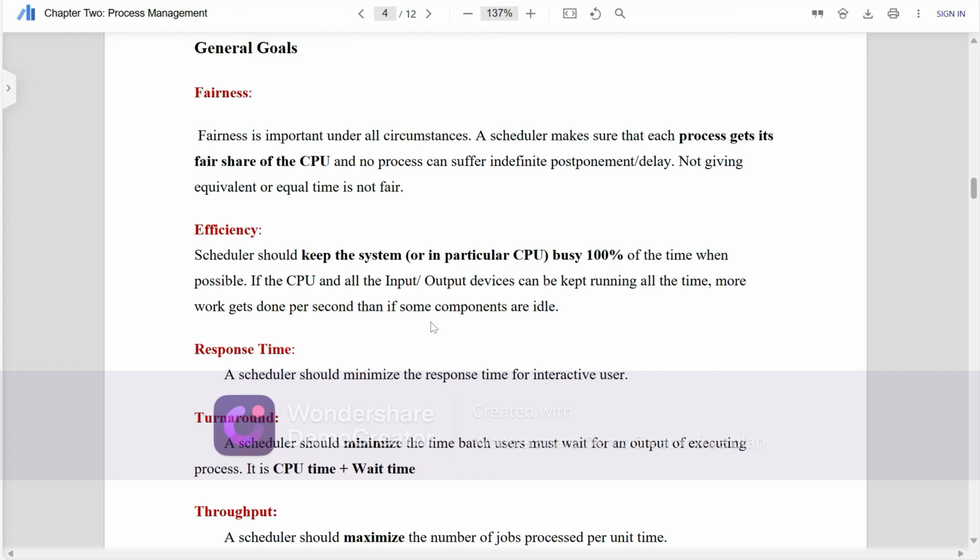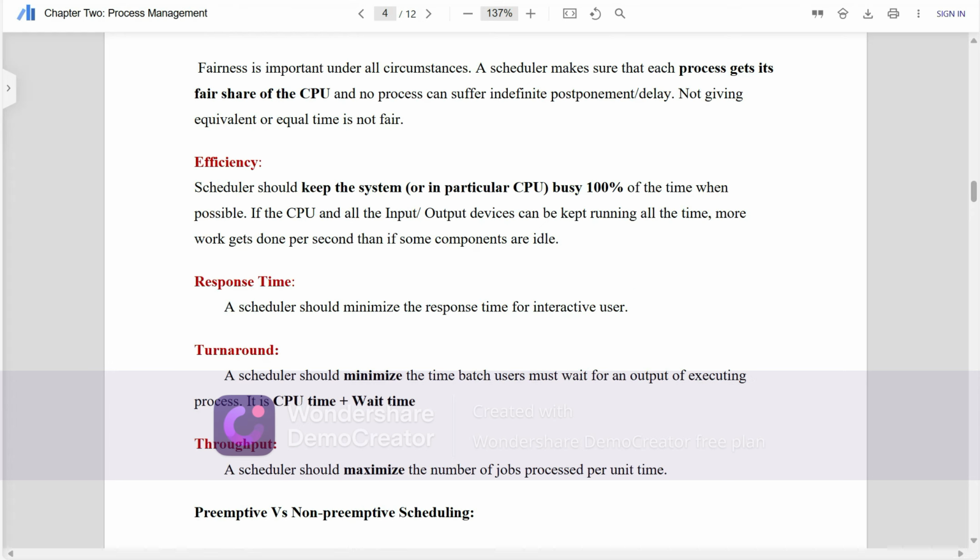That means the CPU should be busy so that more work is accomplished. That is the goal of scheduling. The CPU should not be idle even for one second.